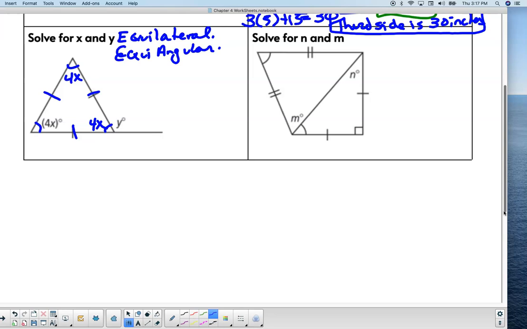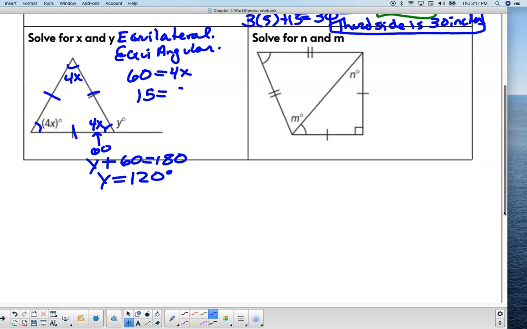And basically that comes down to all the angles being 60. So I know that that is 60 degrees. So y plus 60 is equal to 180, and y is equal to 120 degrees. And if I solve and divide by 4, 15 is equal to x.